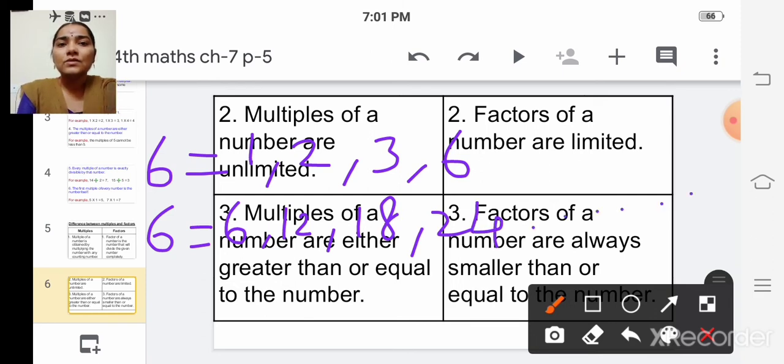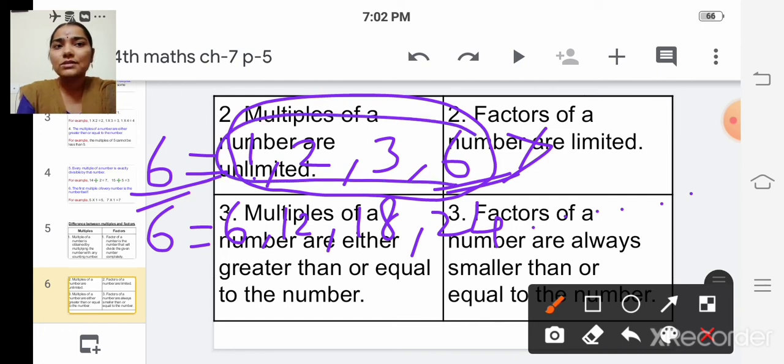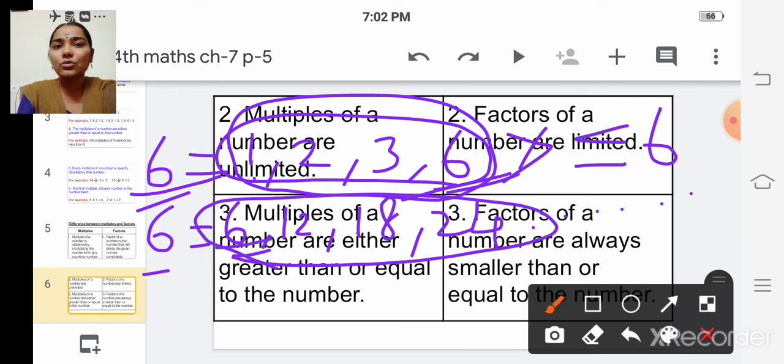So the factors of 6 start from 1 and end with the number itself, not greater than 6. All the factors are less than or equal to 6. But all the multiples of 6 are greater than or equal to 6.